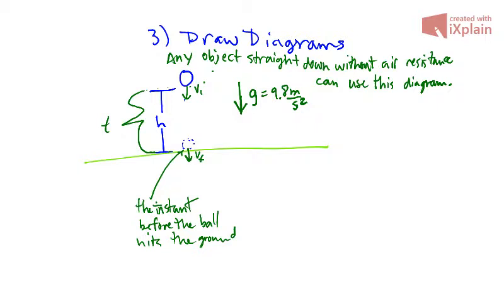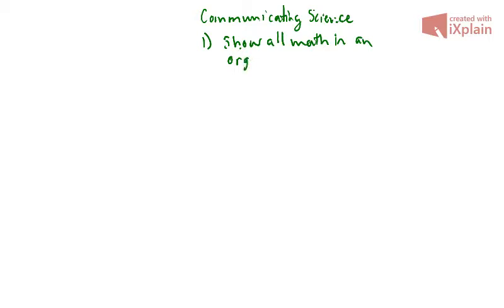All right, so those are the three ways to communicate clearly. Again, I'll write that, communicating science. One, show all math in an organized manner as displayed earlier.